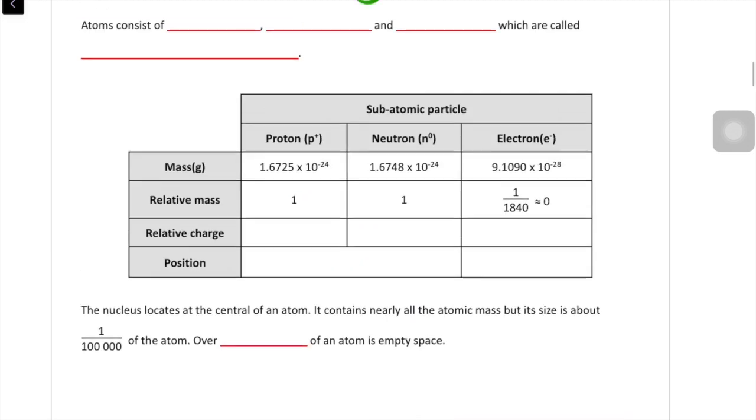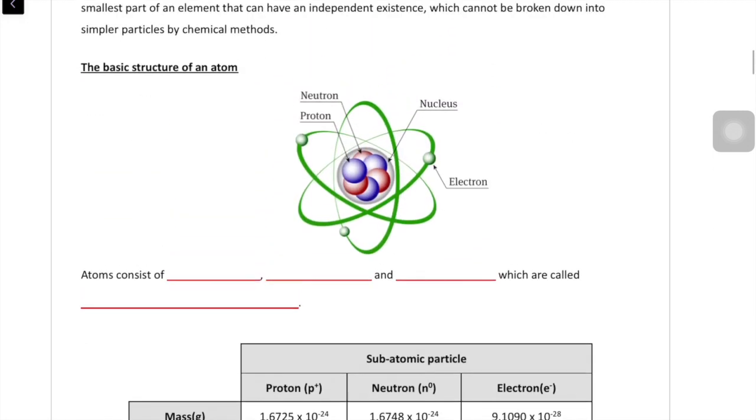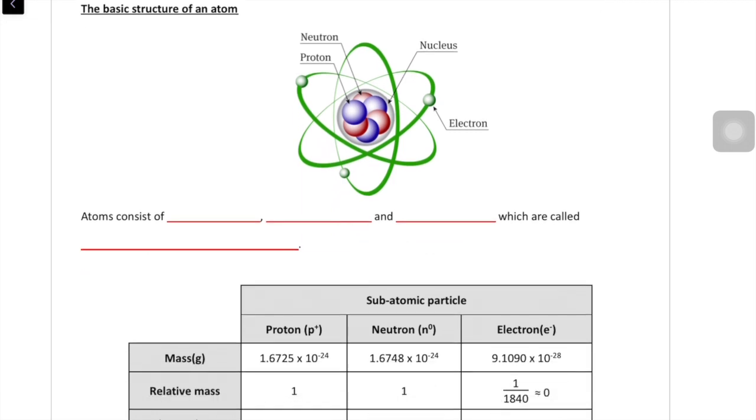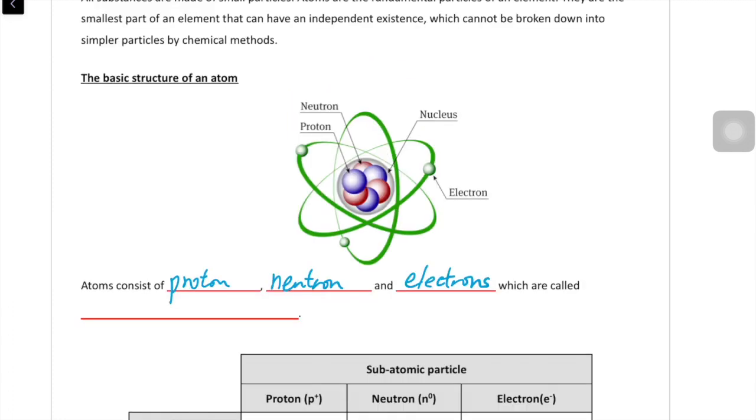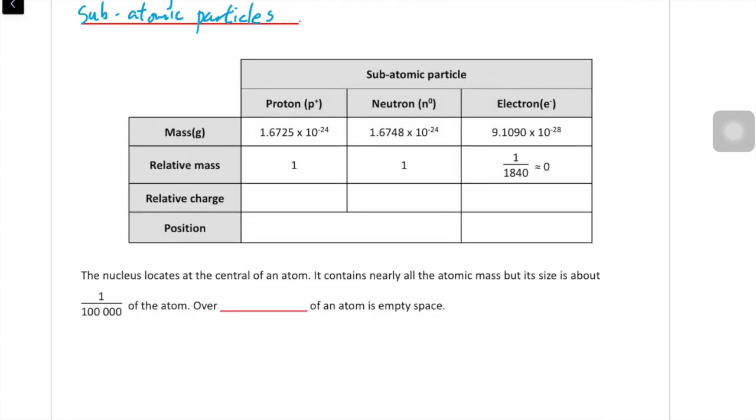So let's start. On page 2, you can see we study the basic structure of an atom. Maybe you can fill in the blanks first. An atom consists of protons, neutrons, and electrons, and they are all called subatomic particles because they are smaller than an atom. The next table is their properties.